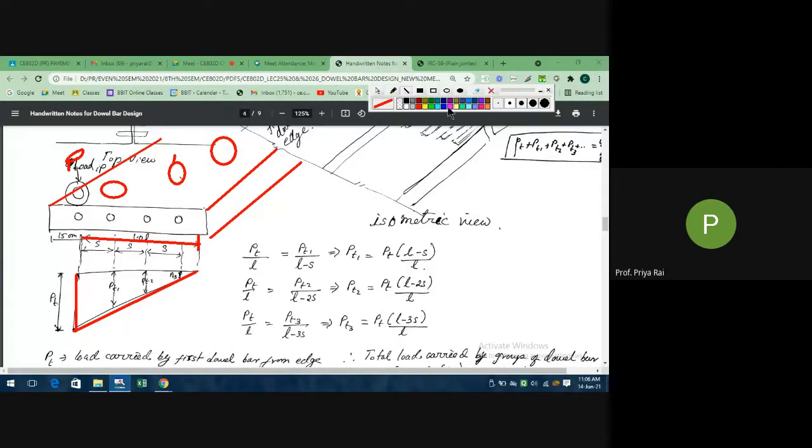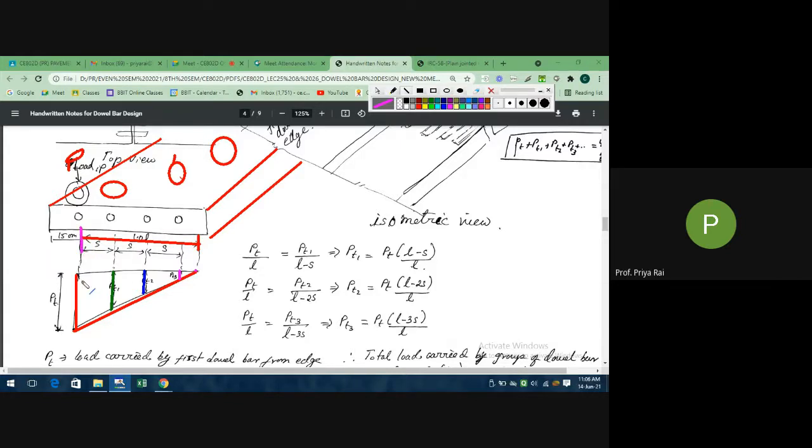The load transferred by the second dowel bar is this one, and the subsequent dowel bars transfer these magnitudes. The magnitude gets reduced, and it is 0 at a distance of 1 times L from the first dowel bar.